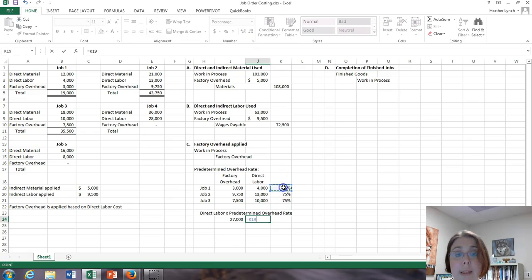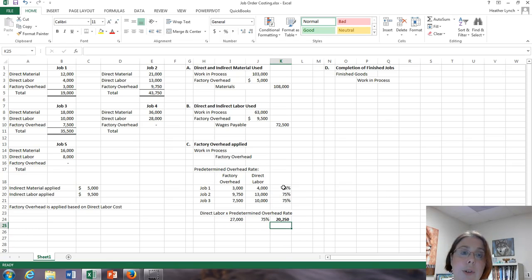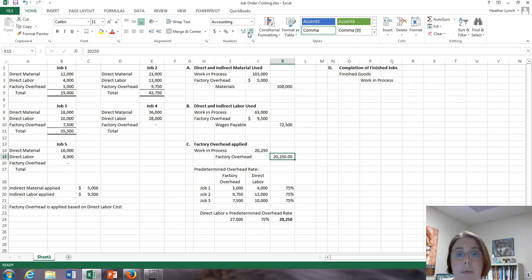We determined our rate was 75%, so I take that 27,000 times 75%, and that gives me how much factory overhead is going to be applied to the completed jobs. So that's 20,250. Let me get those to look better. Oops, I've got to do the comma first.